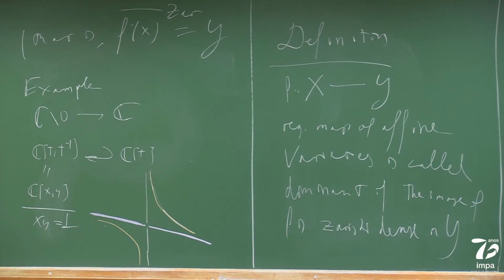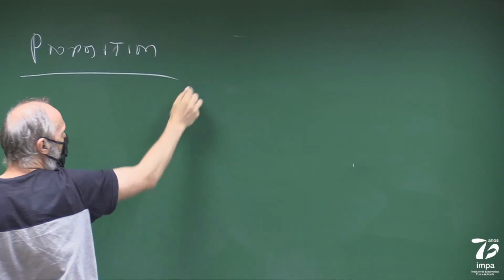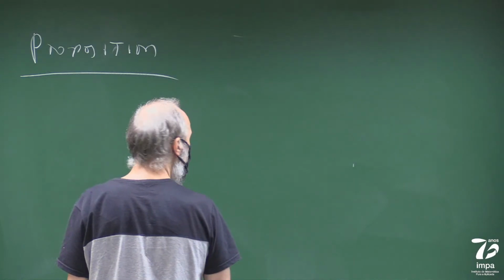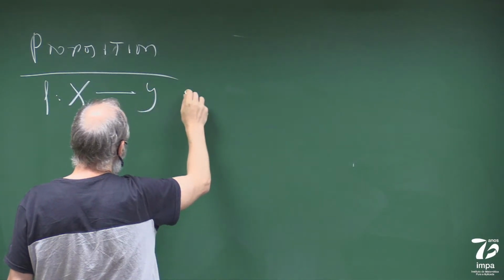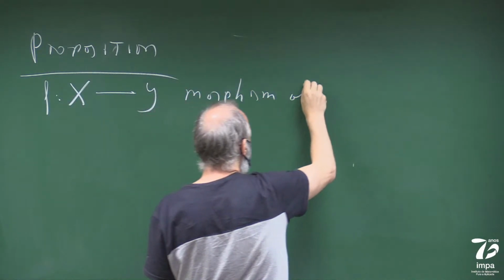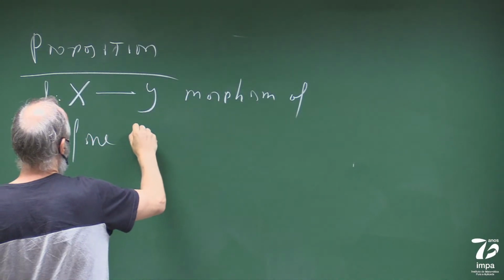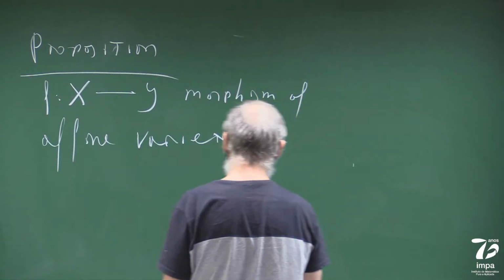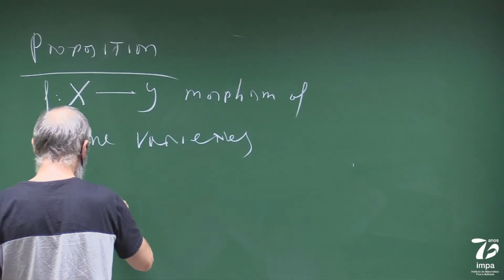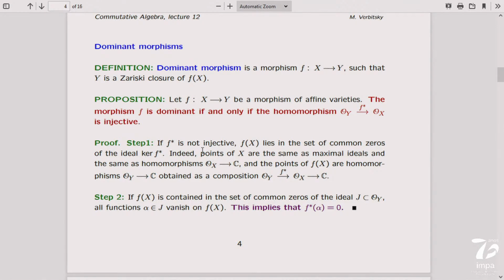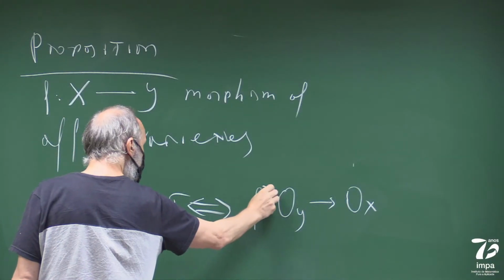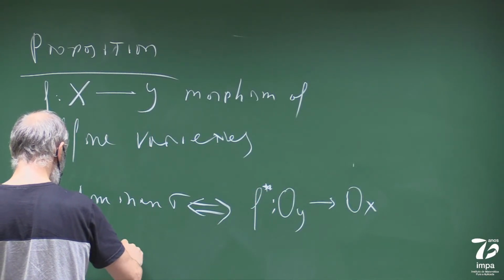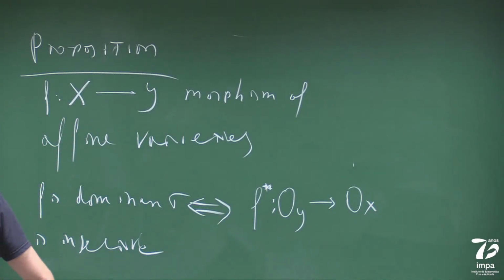Proposition: we have a morphism f of affine varieties. Then f is dominant if and only if f star, the pullback of regular functions from O_Y to O_X, is injective.